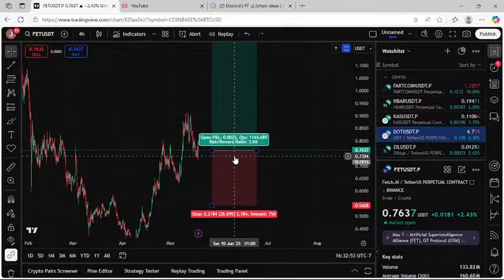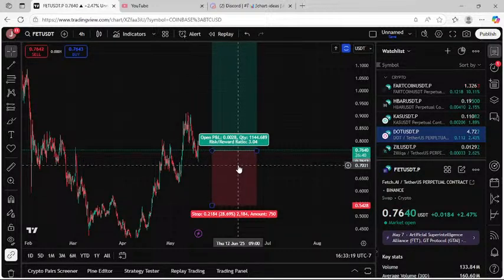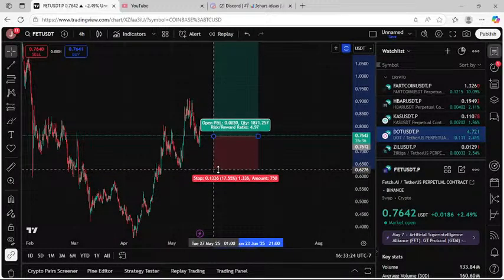So what would be a good DCA point? 73.51. I would say my stop loss, I'd want it just below there at 62.76.